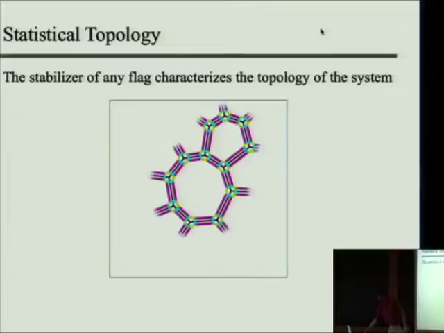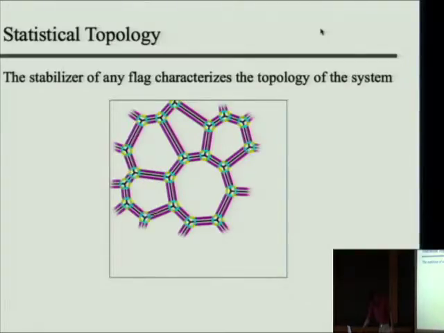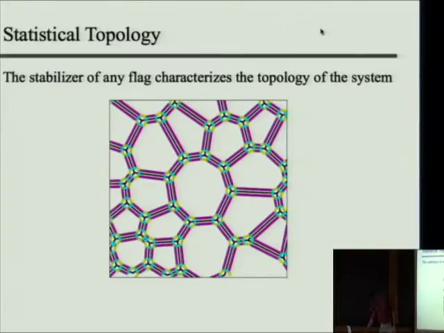It might look something like this. It might run around here and then around the interior of this. And by this kind of iterative argument, you just keep taking the next shortest element out of the stabilizer and putting down the flags and the operations associated with it. You can build out what the structure looked like. So you can reconstruct the whole thing, and then you can interrogate whatever you like about the topology.